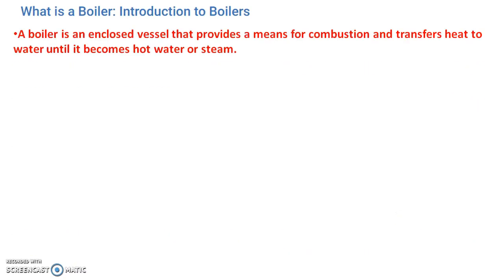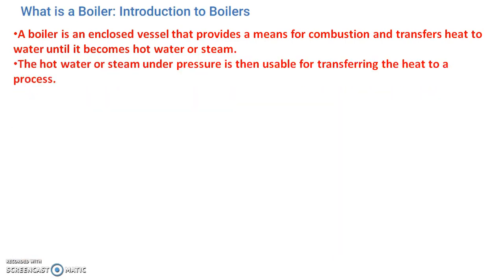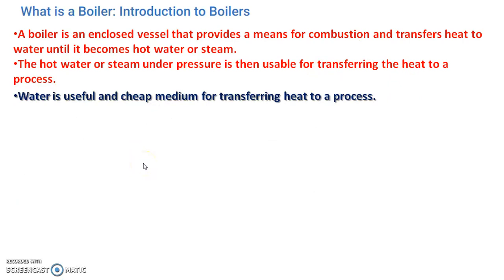A process boiler is the same definition or concept, but it is used in process industries. A boiler is an enclosed vessel that provides means for combustion and transfers heat to water until it becomes hot water or steam. The hot water or steam under pressure is then usable for transferring the heat to the process. Water is a useful and cheap medium for transferring heat to a particular process.